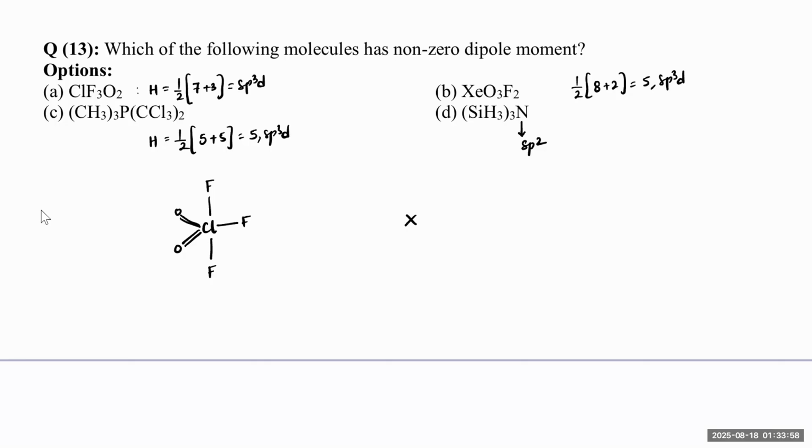Second one is XeF2O3, fluorine and fluorine, double bond O, double bond O, double bond O. Next, third case, CCl3 is more electronegative, so it will go like this, but CH3, CH3 and CH3 will be like this.